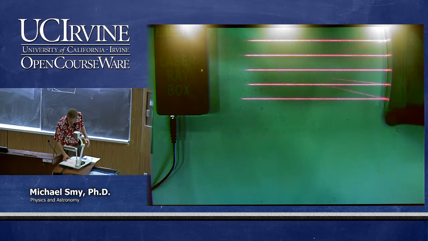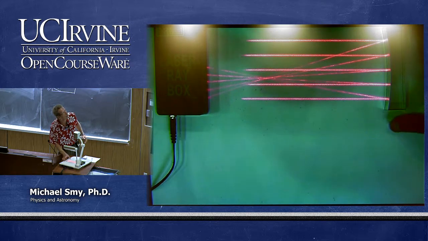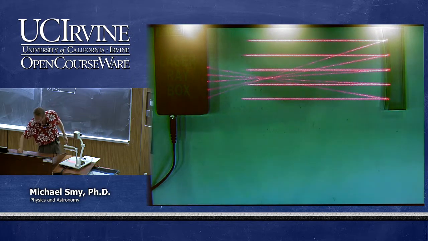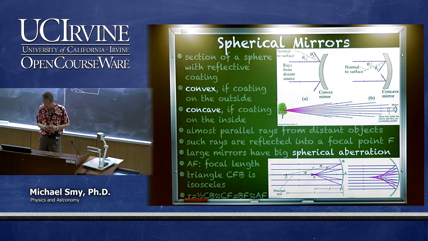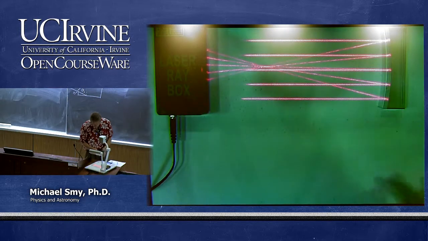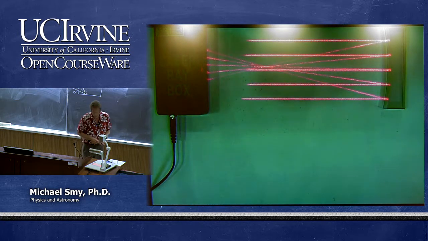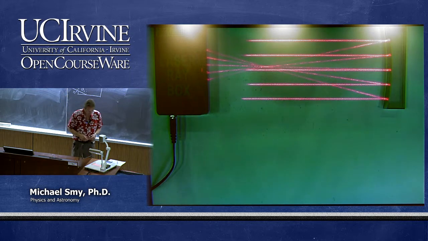If I look at a concave mirror, however, the rays converge rather than diverge. So if we have concave mirrors, then parallel rays seem to be focused into one point. So all five rays, they meet in one point. And that point is called the focal point.